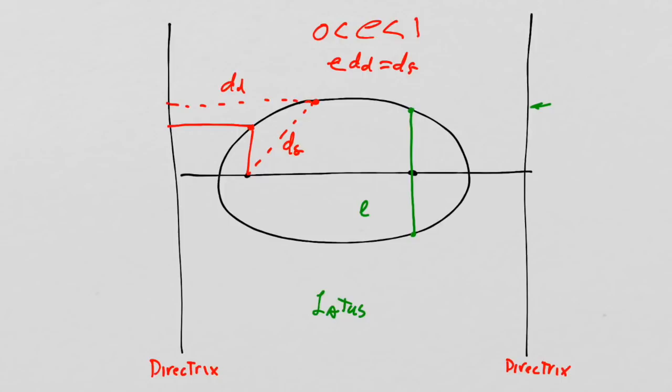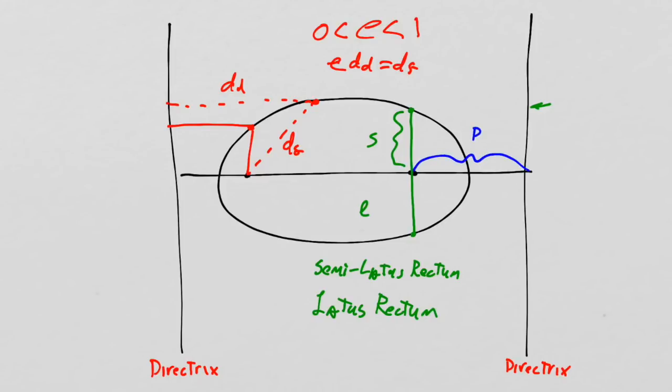Half of that distance is called S, and that is the semi-latus rectum. And then the distance between the focus and the directrix, this distance he would call P, that is the focal parameter.